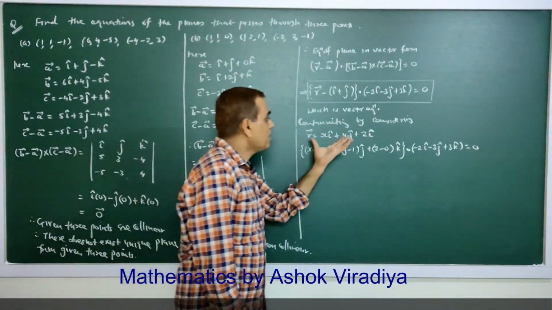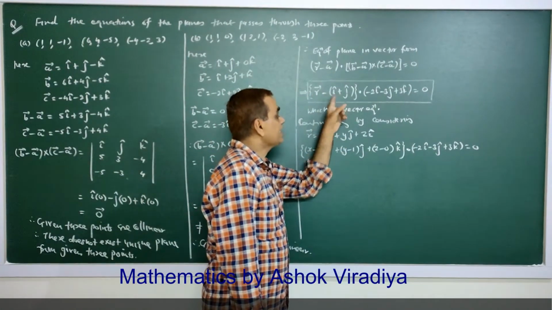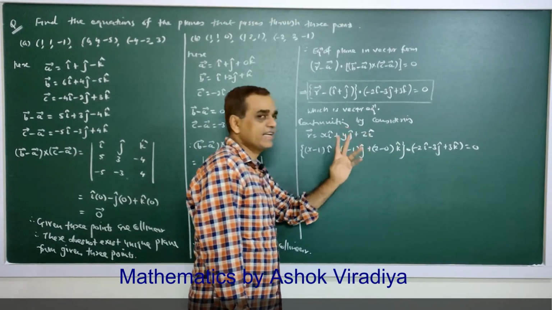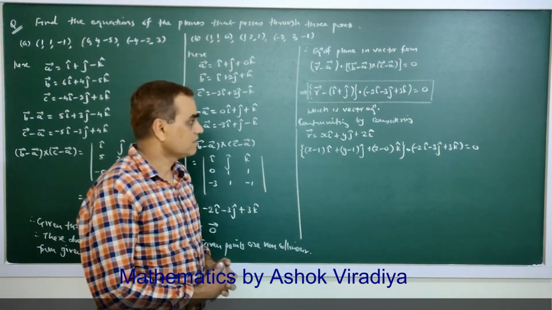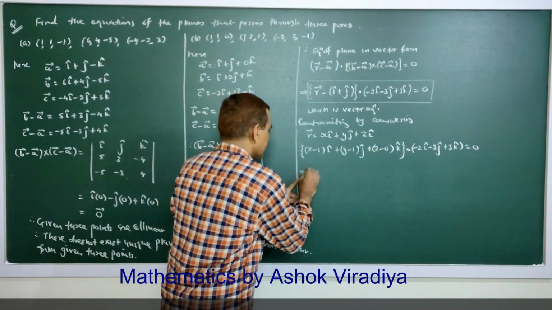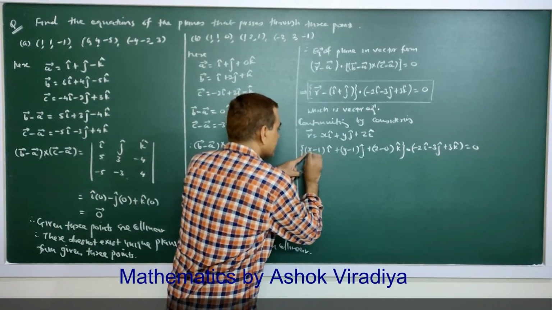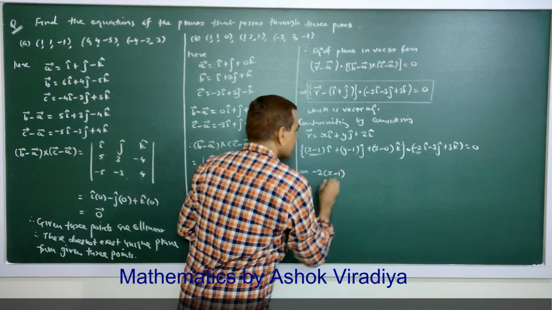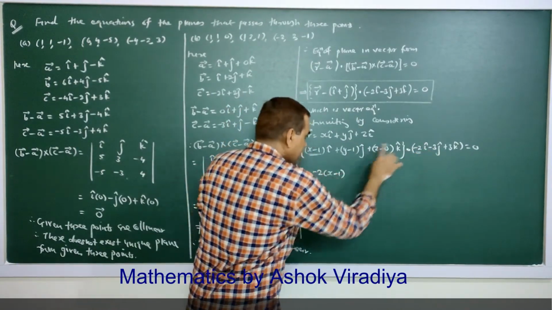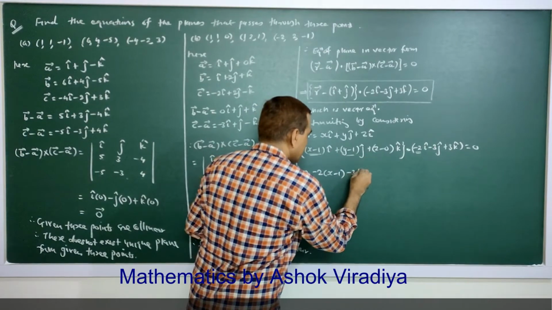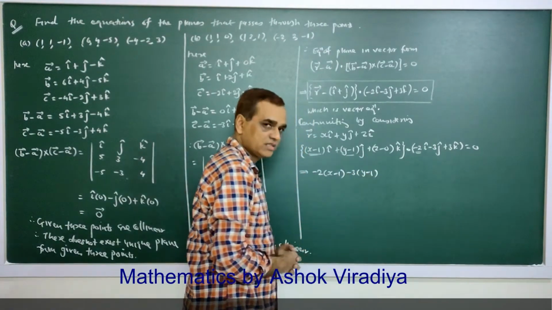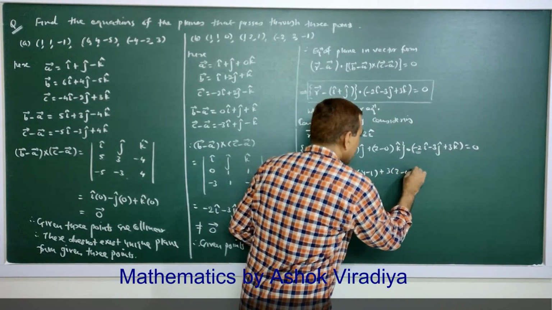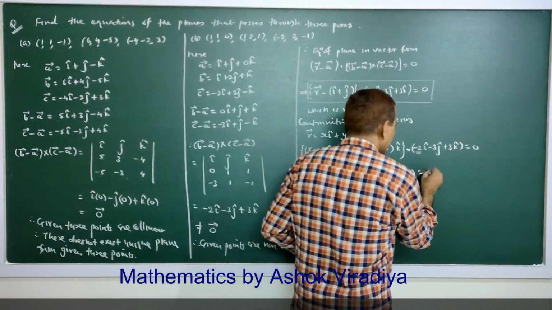So we get vector r minus vector a by considering vector r as xi plus yj plus zk. So this is taking a dot product, minus 2 into x minus 1 plus minus 3 into y minus 1 plus 3 into z minus 0 equal to 0.